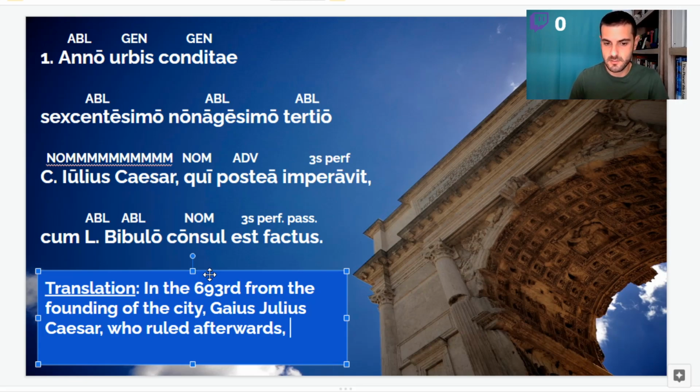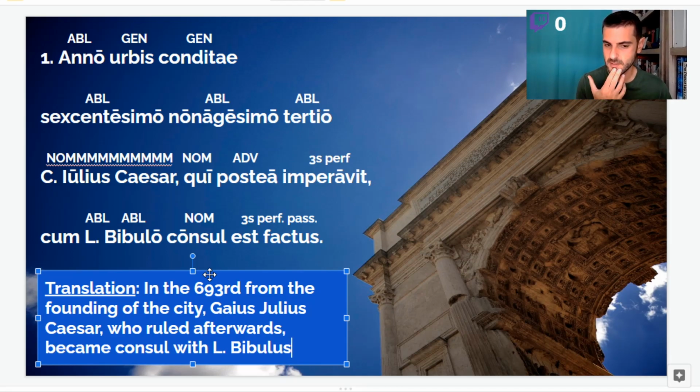Consul factus est. So you could say was made consul, or if you think of this as a form of fio, became consul. With a guy named Bibulus, and I don't think his first name was actually Lucius. I think that this is a typo, in the sense that I don't think Eutropius got it right. I'm pretty sure his name was not Lucius. I'll have to look that up, but that's what Eutropius gives us.